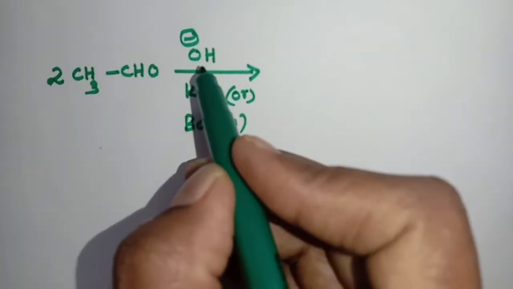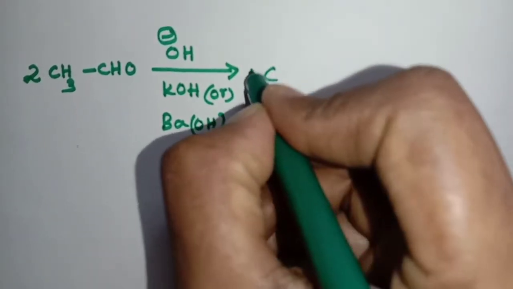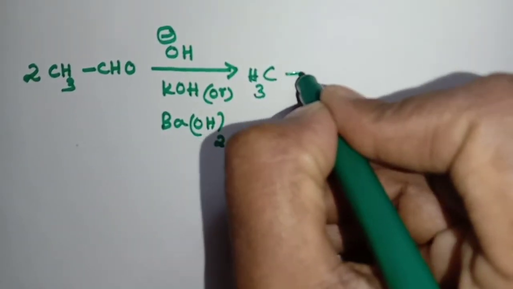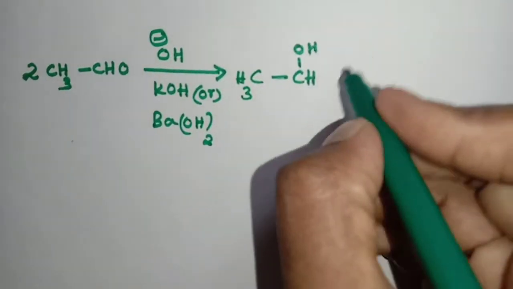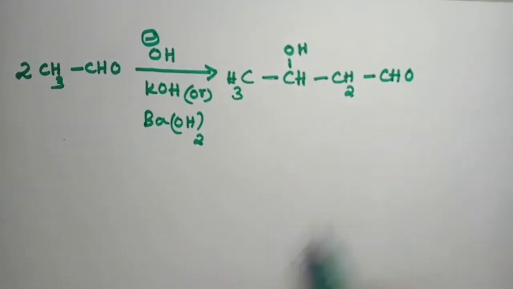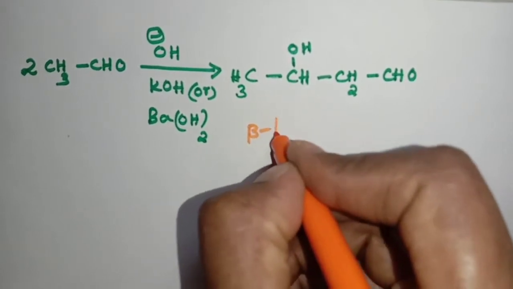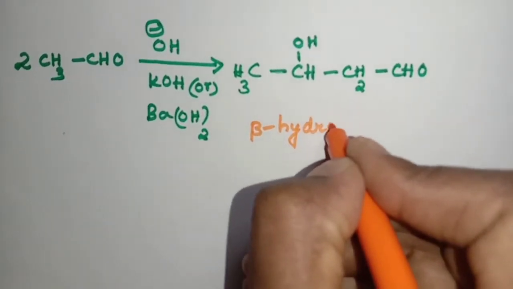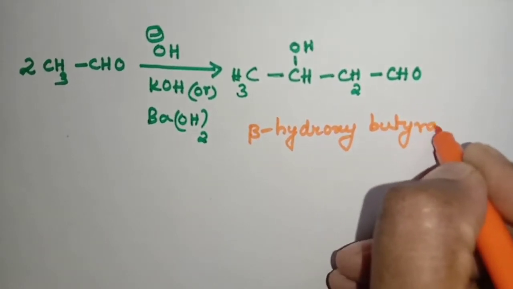So in the presence of an alkali, they condense with one another forming an aldol. The aldol forming here is CH3CHOHCH2CHO. It is called beta hydroxy butyraldehyde.